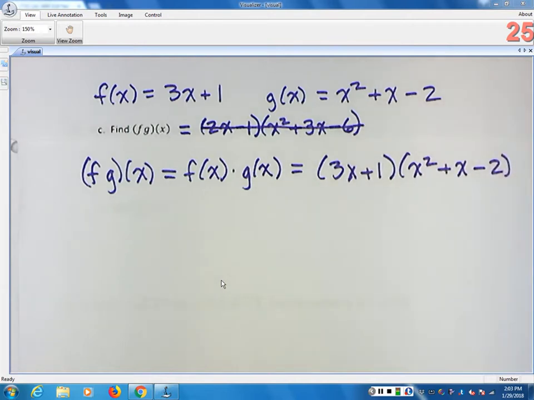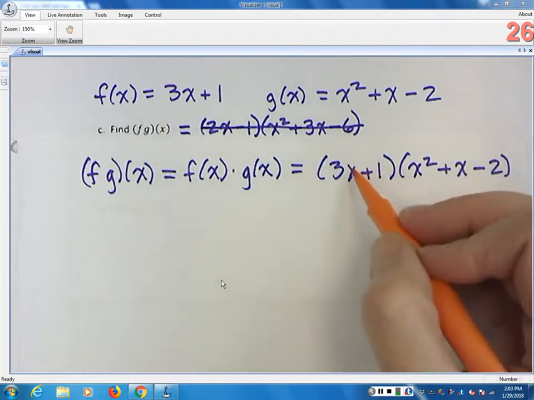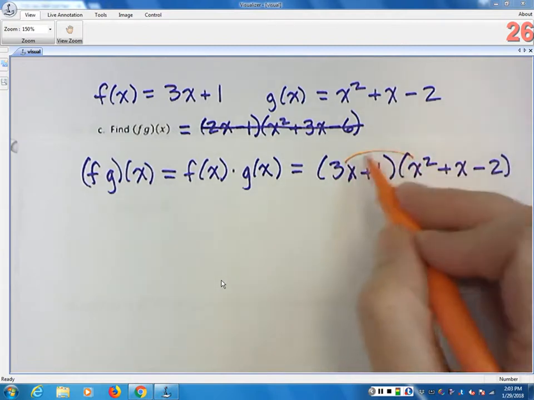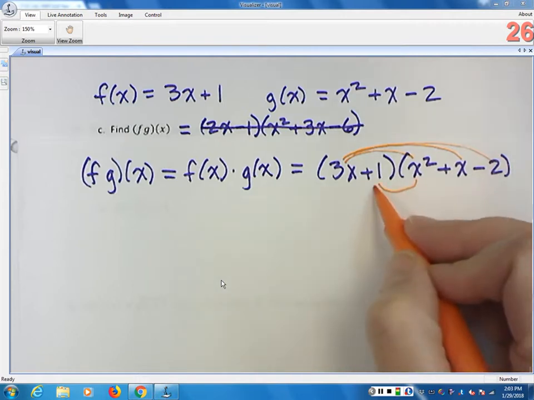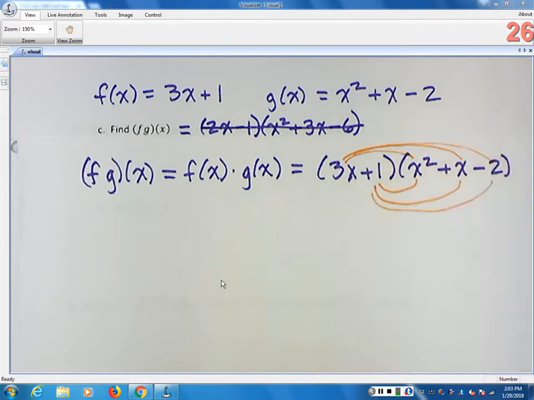Okay, so you can either solve this by distributing, so each 3x would have to be multiplied by every term over here, and the 1 would have to multiply it, and then you'd have to add them all together.